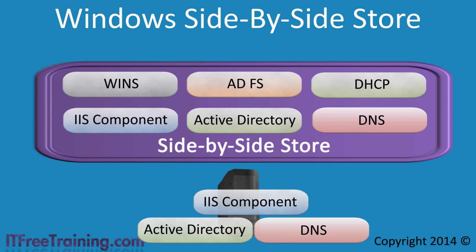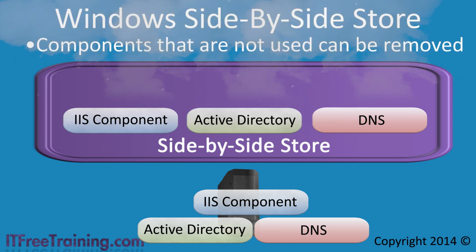As we saw earlier, they can, and this will result in the side-by-side store getting smaller. Once the components are removed, if the administrator attempts to install these roles or features, Windows will require the missing media in order to do so. As long as the media is available from somewhere, the role or feature can be installed.